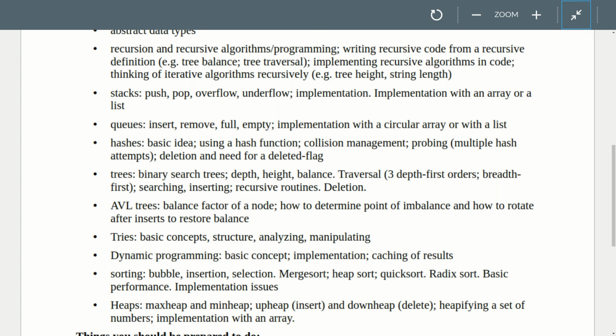If we're not chaining, we have this idea of probing. We can store something at a location in the list, but if that location is already in use, we rehash and we try to get a different location. And we keep doing this. Okay, we mainly know about chaining because that's what we did for the assignment. All right, so queues and stacks. Stacks are last in, first out. Queues are first in, first out.